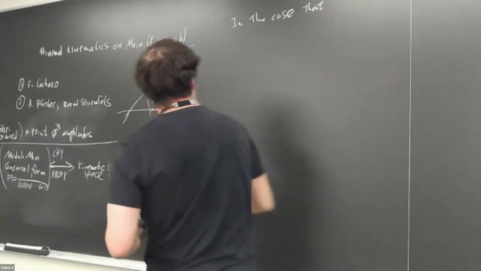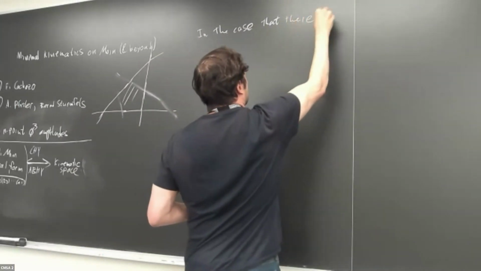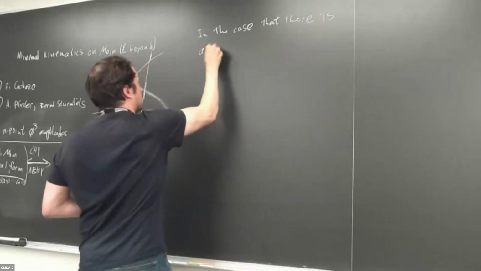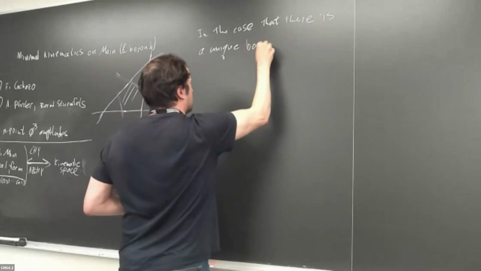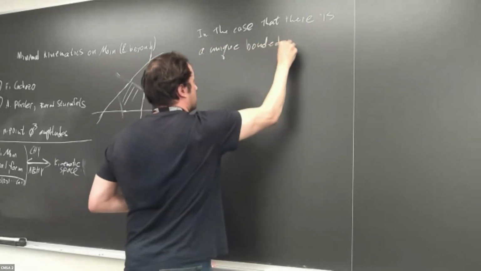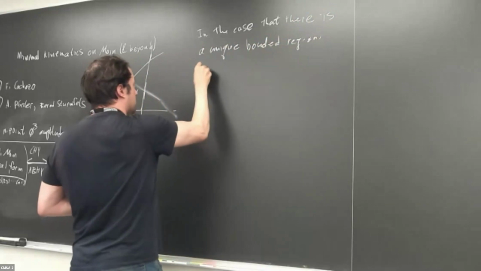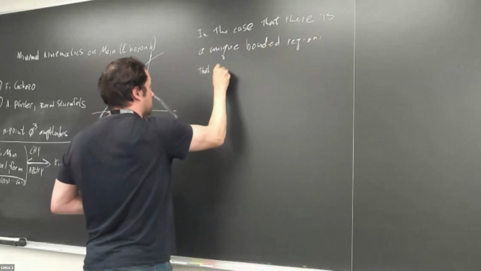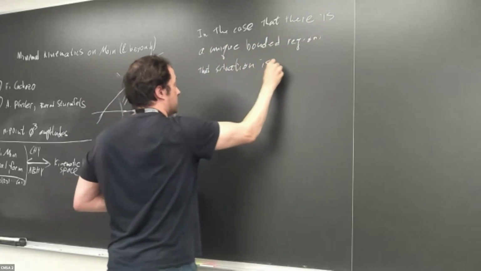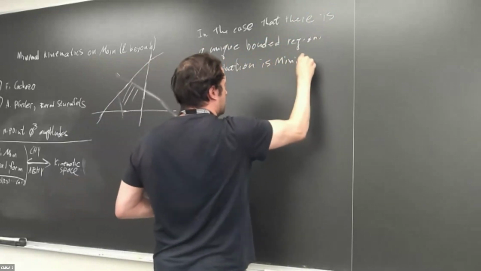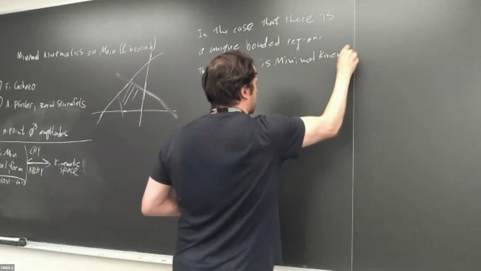When we delete enough hyperplanes, there is a unique bounded region. That situation is called minimal kinematics, or just MK for short.